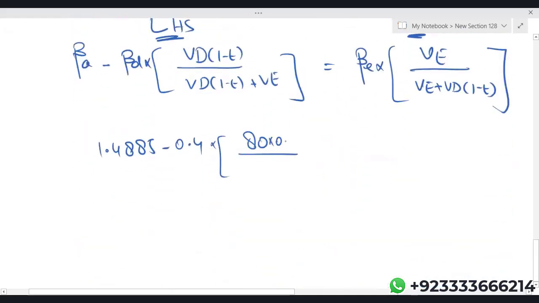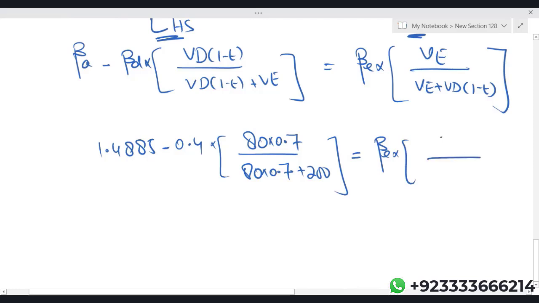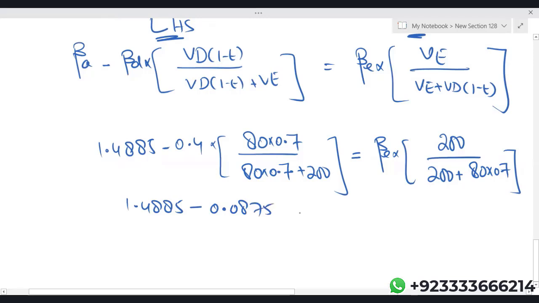Tax rate is 30, so it becomes 0.7. 80 into 0.7, and market value of equity, APLC has 200 million, is equal to beta equity into market value of equity 200 plus market value of debt 80 into 0.7. Let me use the calculator: 80 multiplied by 0.7 plus 200. And then into this, I'm getting 1.4885 minus 0.0875 is equal to.